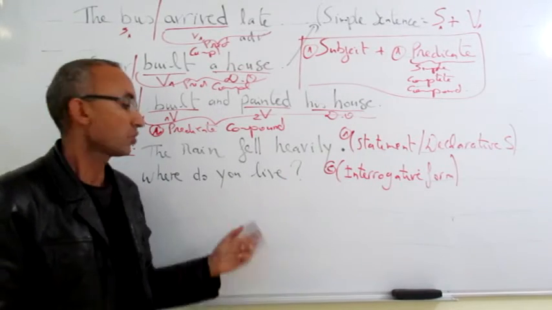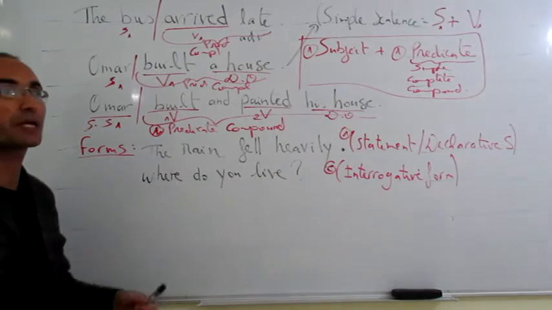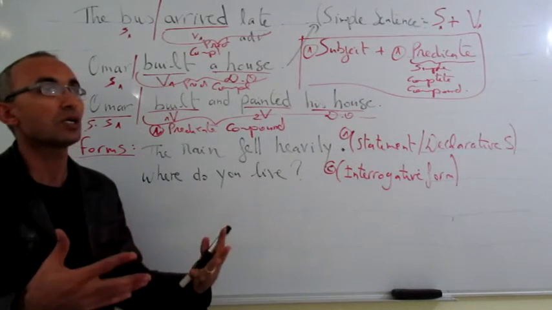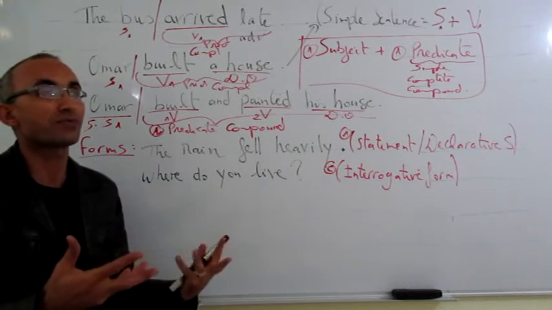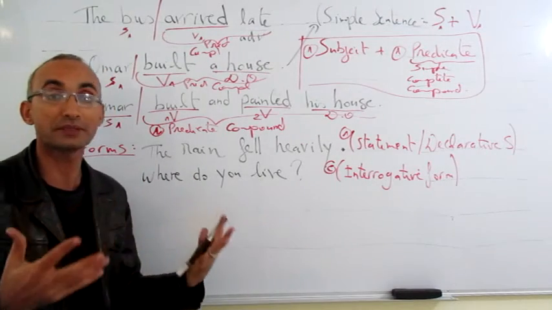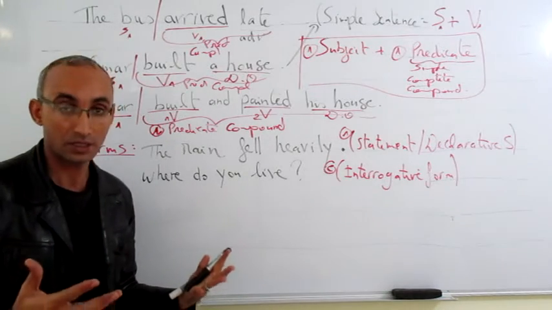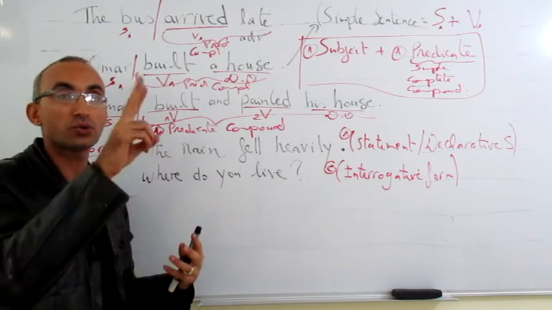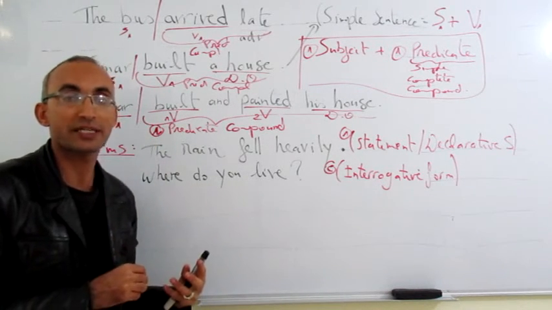A third form is when you express a state of strong emotions and feelings: surprise, shock, astonishment, admiration of something, using mainly two WH words in English.